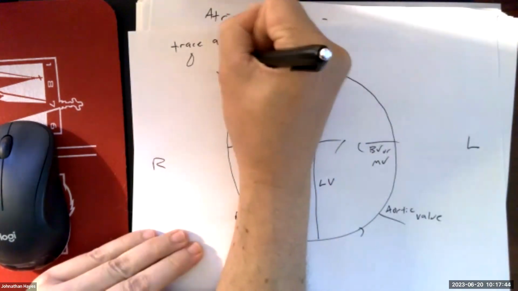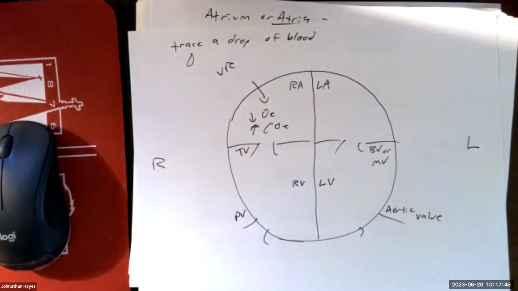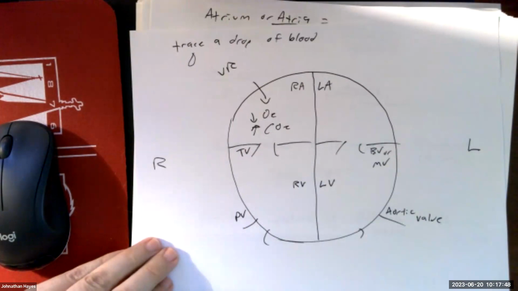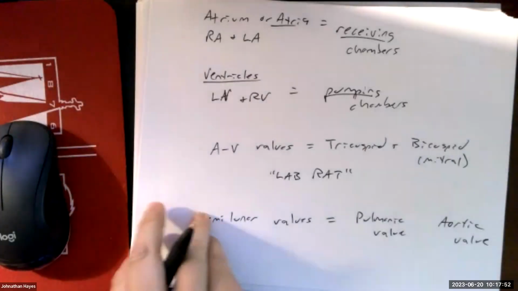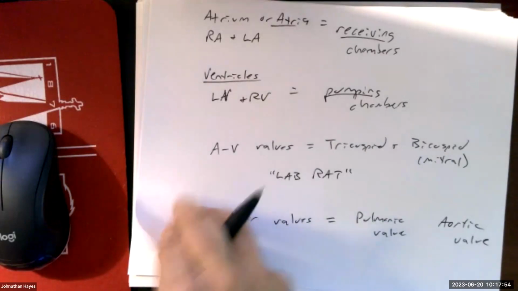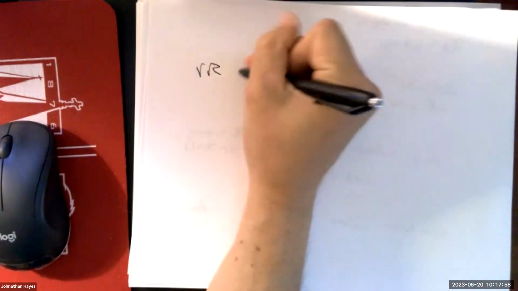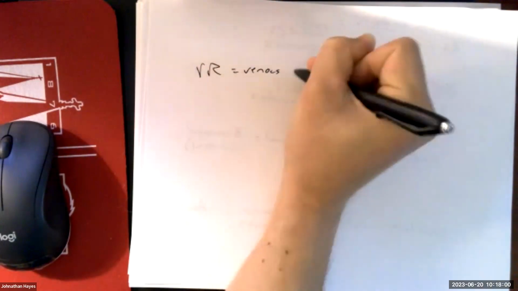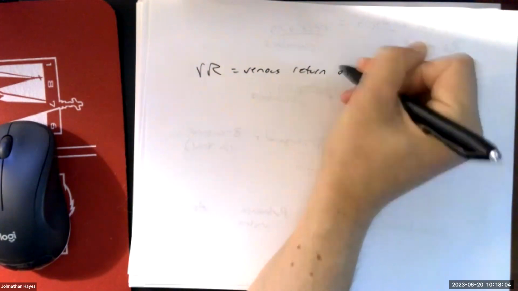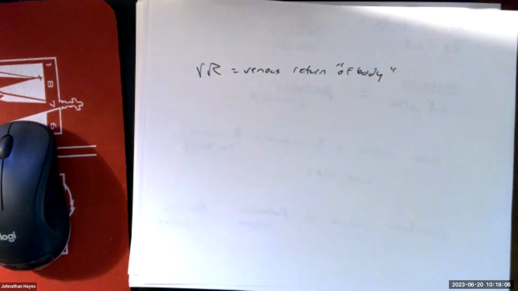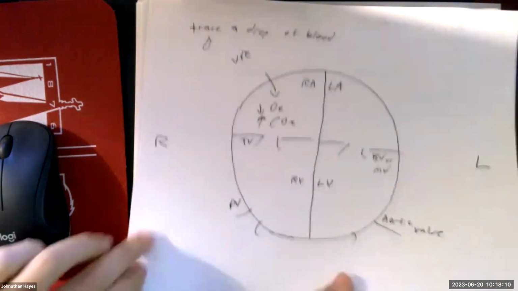So this was basically venous return of the body, which we usually just abbreviate as VR, right? So VR is just going to stand for venous return of the body, and this is implied.